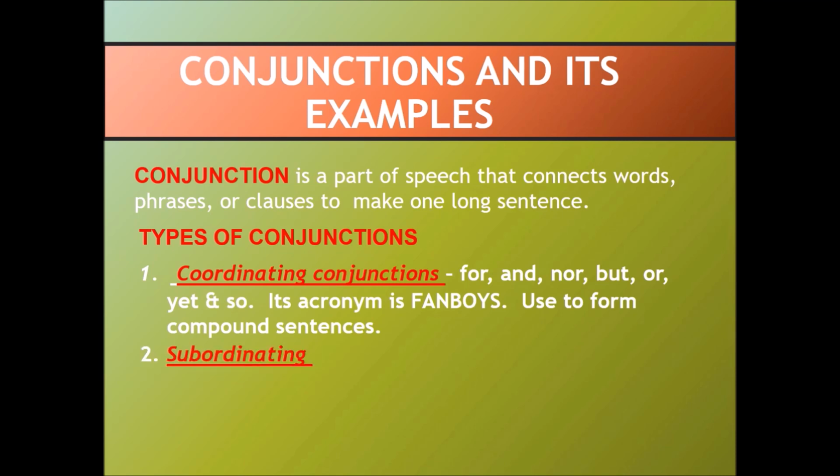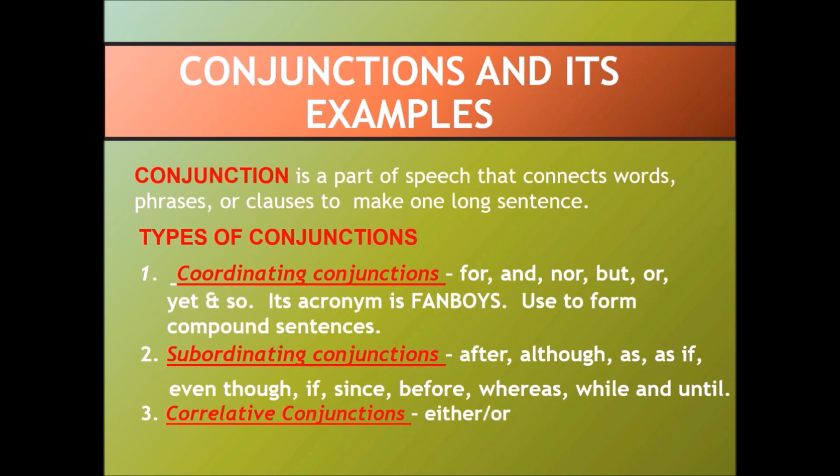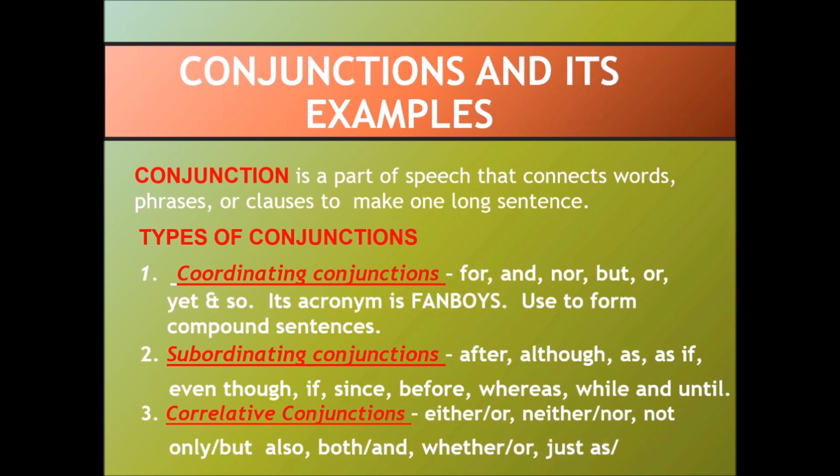The second one is the subordinating conjunctions with examples: after, although, as if, even though, if, since, before, whereas, while, and until. The third one is the correlative conjunctions, examples: either or, neither nor, not only but also, both and, whether or, just as so, etc.